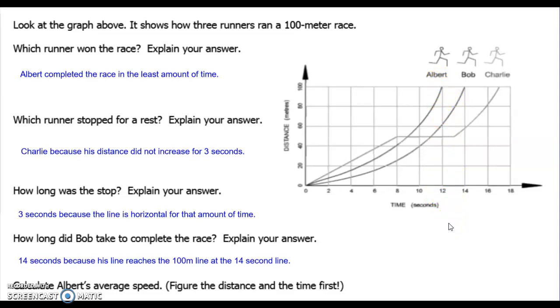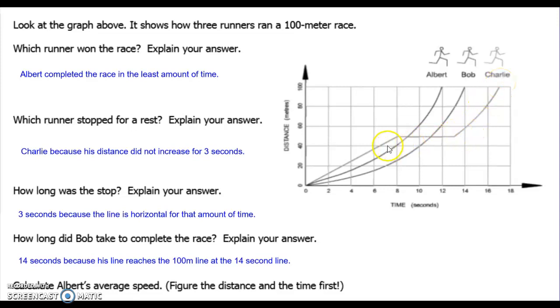So which runner stopped for a rest? We see that on this line we come up right here and we get to the 8-second mark, and then the distance doesn't increase for a few seconds, and then it starts to increase again.